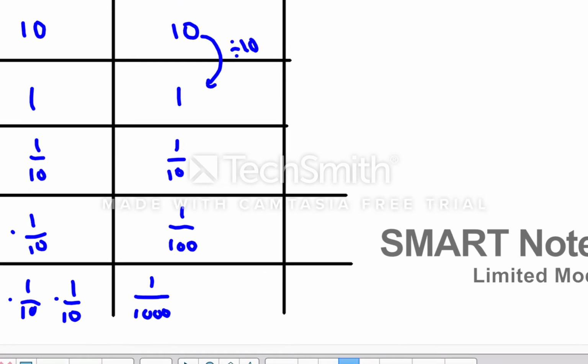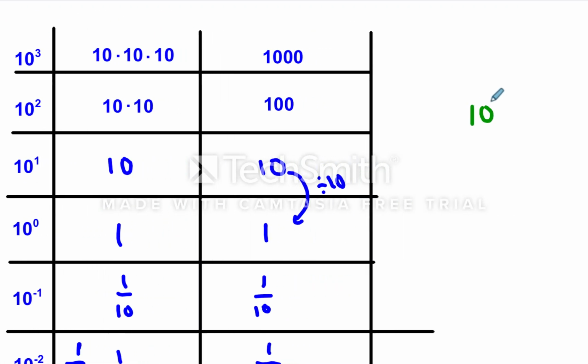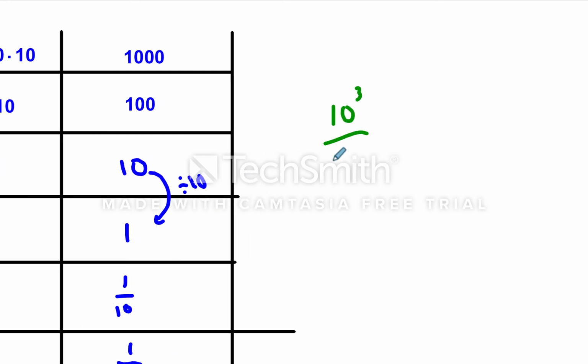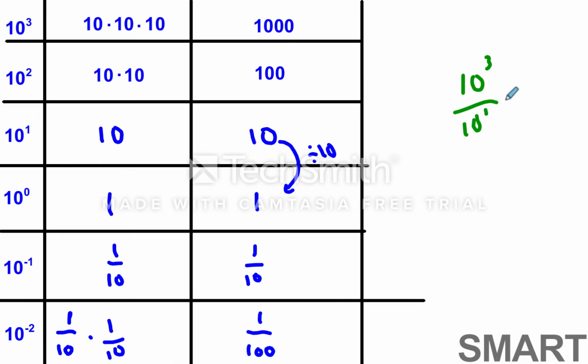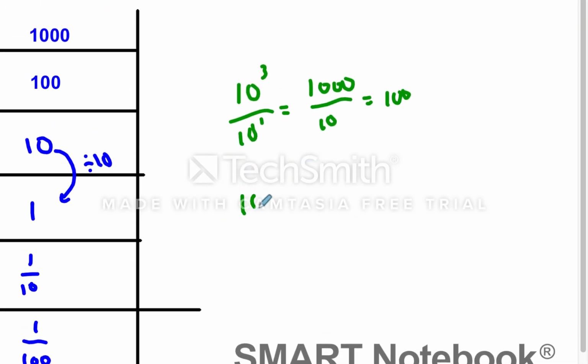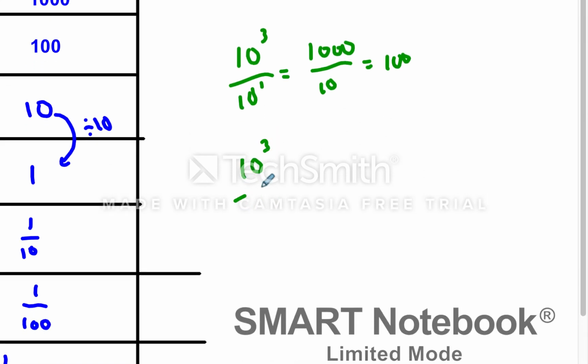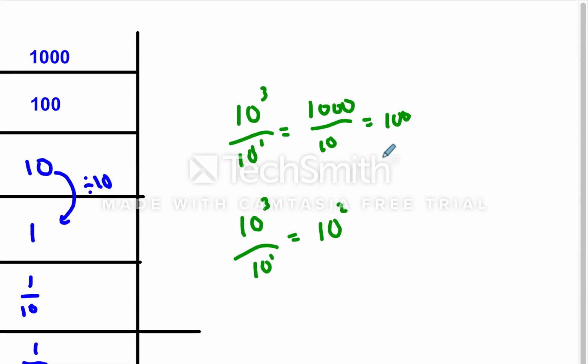10 to the third, let's say we were dividing these numbers, divided by 10 to the first. 10 to the third, of course, is 1,000, and 10 to the first, of course, is 10. So this would equal 100. And what we can do with the laws of exponents is, as a shortcut, we can just say, all right, these bases are the same, so why don't we just subtract the exponents, and that'll leave us with 10 to the second, which, by the way, is the same answer we got up here.